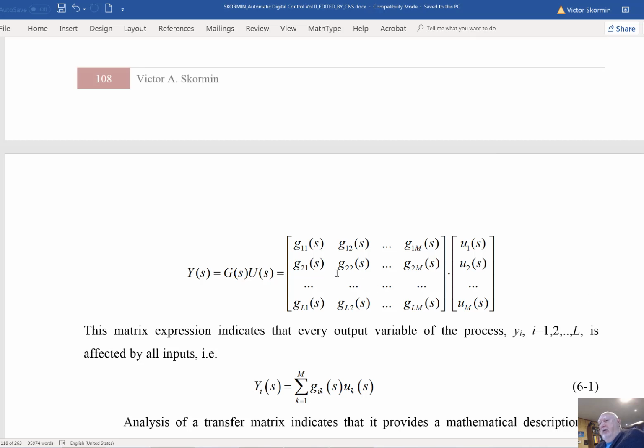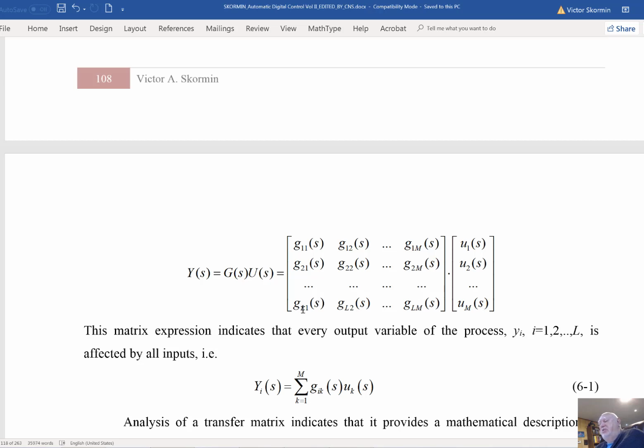All right, now, what about this column G11, G21, GL1? Obviously, this column represents effects of the input number 1 on the system, of the input number 2 on the system, input number M on the system.